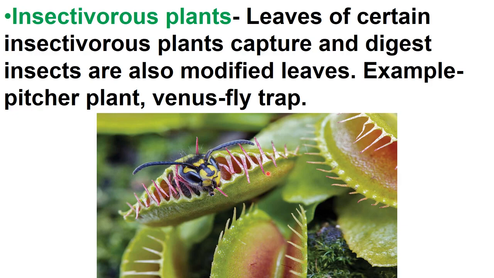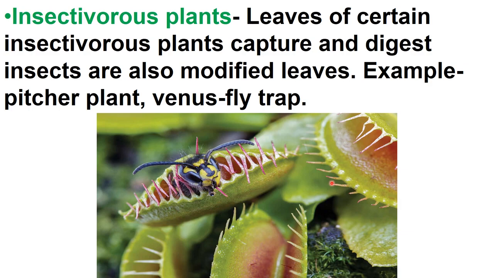You can see the structure of these leaves, okay? These are perfect for capturing any insect, okay? And sucking the body fluids from that insect to get their nitrogen, right? So for their nitrogen needs, these plants' leaves have been modified like this, right? Because these plants need nitrogen. These plants generally grow in nitrogen deficient areas, but they need the nitrogen for their proper growth.